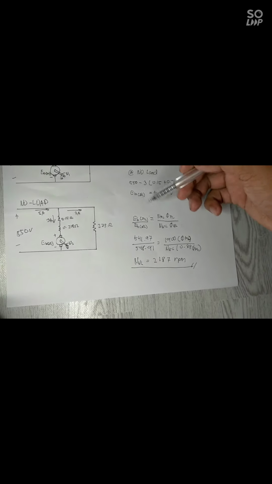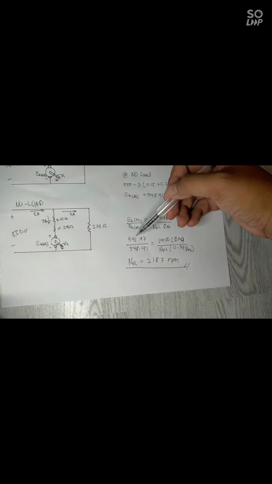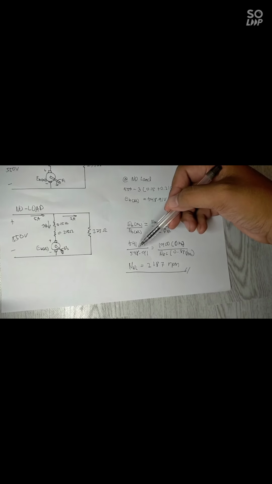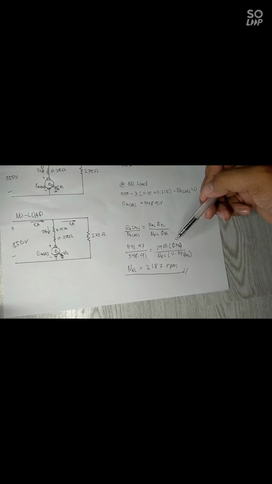So 541.97 over 548.91, with the given speed at full load of 1900, all over 0.88 times flux at full load. In solving this, we get the answer of speed at no load equals 2187 rpm.